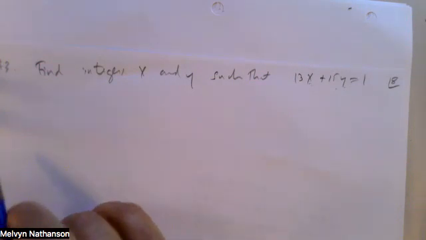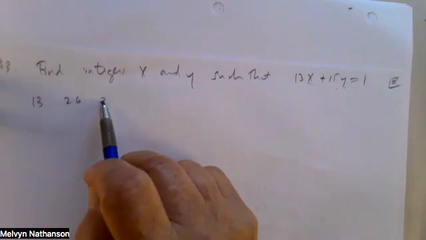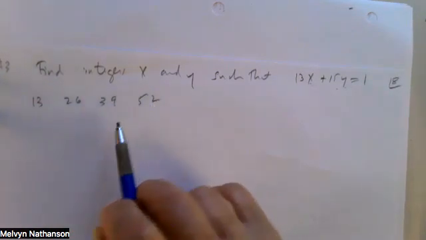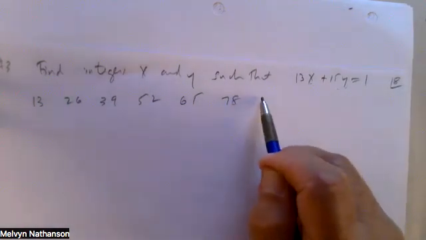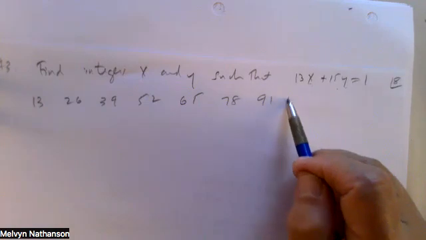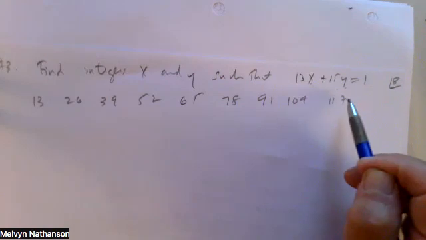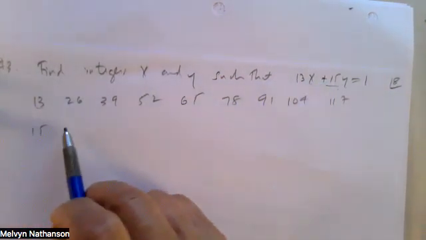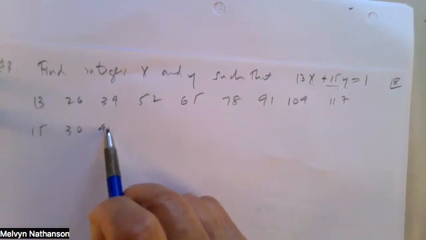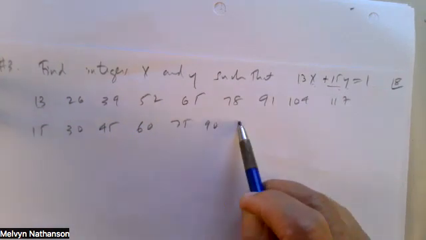Well, let's see. So if you start looking at the multiples of 13: 13, 26, 39, 52, 65, 78, 91, 104, 117. Those are the first multiples of 13. If you look at multiples of 15: 15, 30, 45, 60, 75, 90, 105.